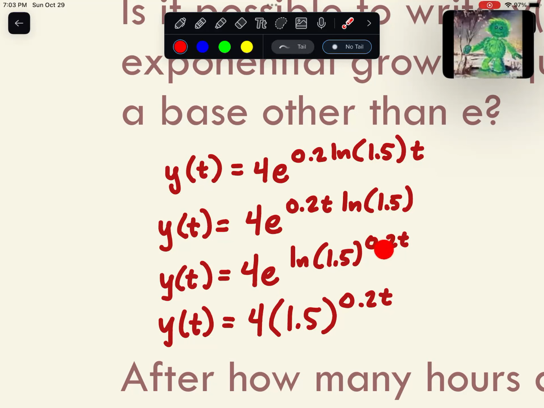I'm trying to get stuff out of the way so I can more easily see that we've got e to the natural log of something. We get cancellation of functions here again. We're left with just 1.5 to the 0.2t. And of course, there was a 4 there as well. So it's just a little simpler version of this thing.